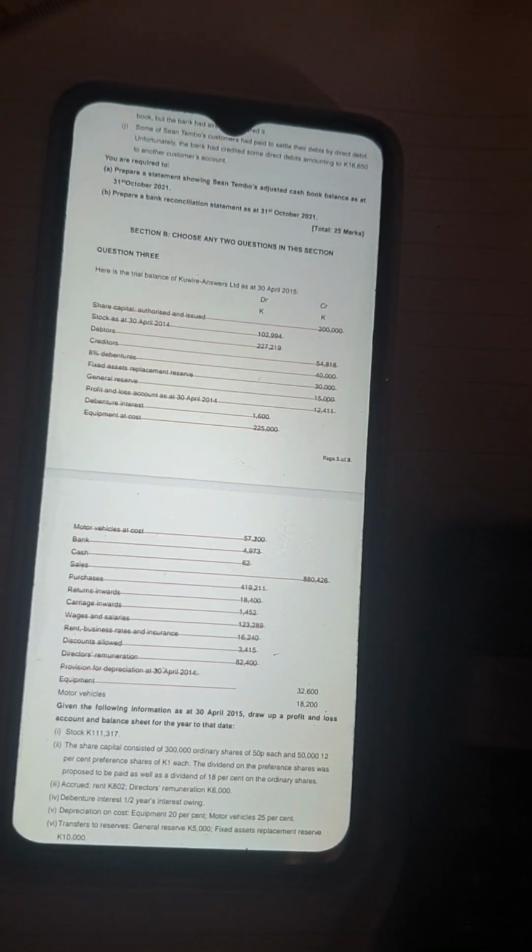Then on the ordinary, they are saying the dividend on the preference share, which is the 12%, was proposed to be paid as well as the dividend of 18% on the ordinary shares. Ordinary shares, going back in the question, were 200,000. So 18% times 200,000, we have 36,000.